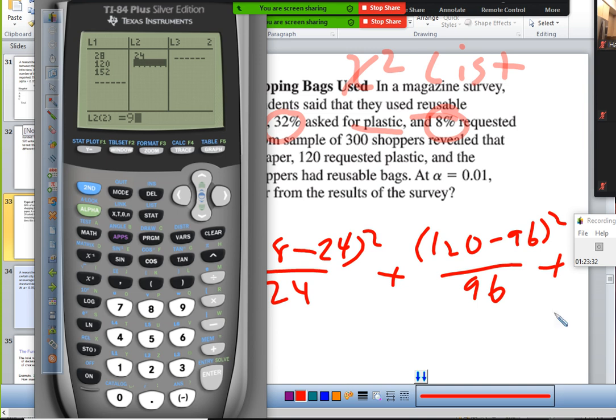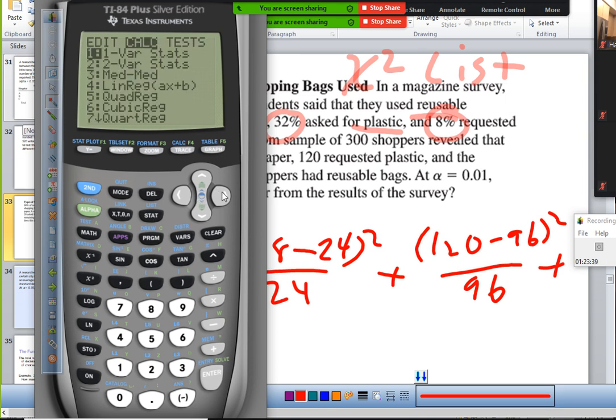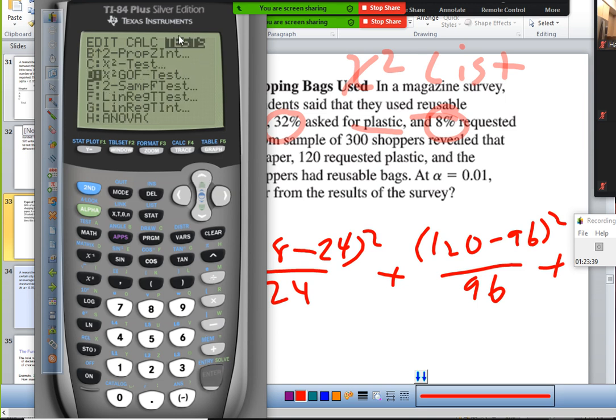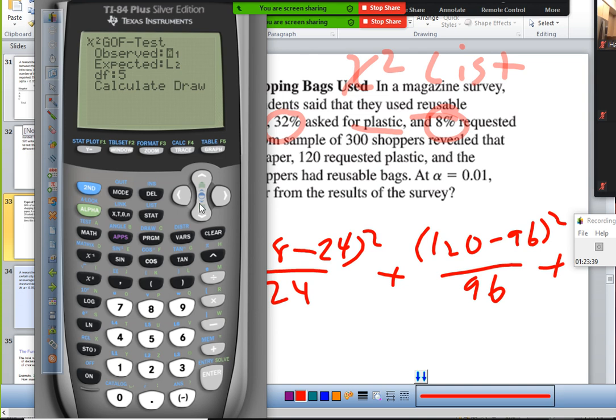So then you have observed in list 1, your expected in list 2, and then you do stat, test, GOF test. My observed are in list 1, my expected are in list 2, my degrees of freedom is 2. So make sure you get that right, and then calculate it.